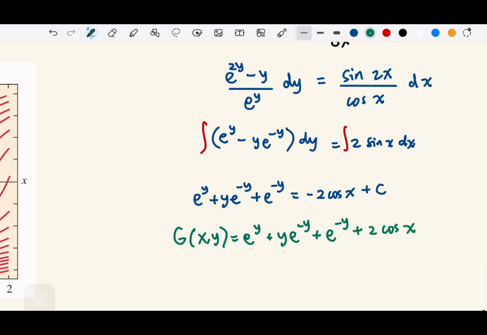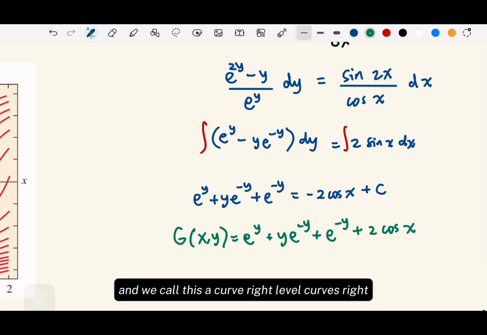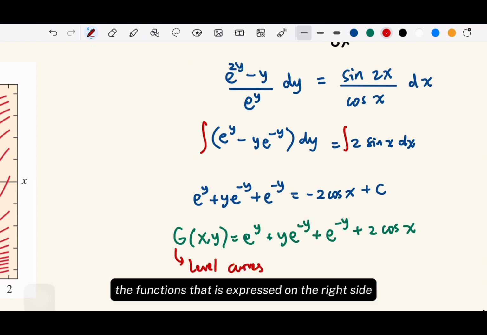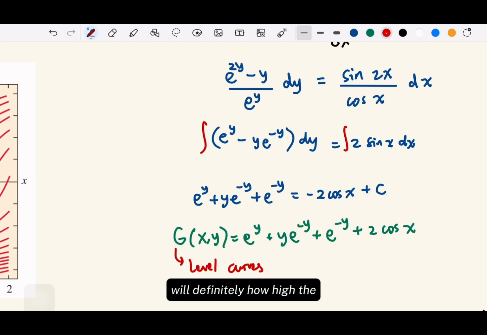Okay. And we call this a curve, right? Level curves, right? If you remember, we call this function a level curves, which means the functions that is expressed on the right side will determine how high the curve will be.